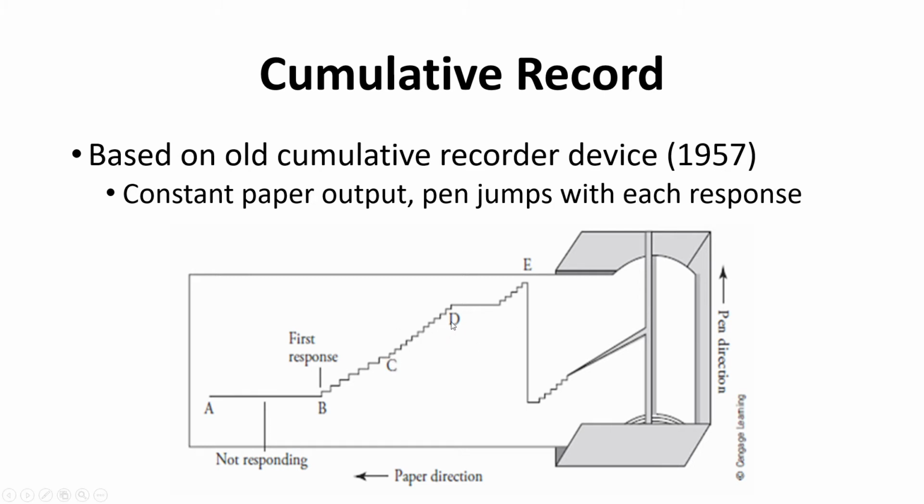So between C and D, we have a faster rate of responding. So maybe instead of 5 seconds, it's every 2 seconds. And we can calculate that out because we know that the paper is unrolling at a particular rate. So the distance between these 2 points would tell us how far apart in time those points occur.